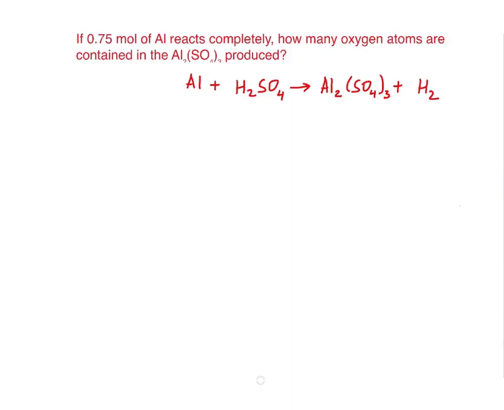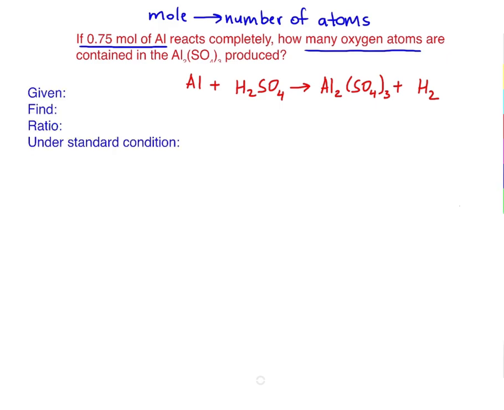The next question is, if 0.75 mole of aluminum reacts completely, how many oxygen atoms are contained in the Al2(SO4)3 produced? So now you have been given moles and you need to find the number of atoms of oxygen, not the whole number of molecules of aluminum sulfate, but the number of atoms within that molecule.